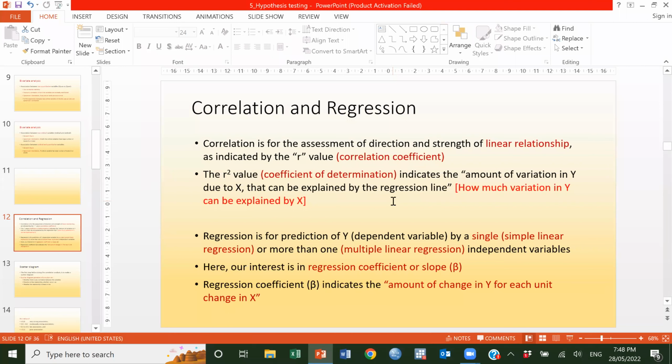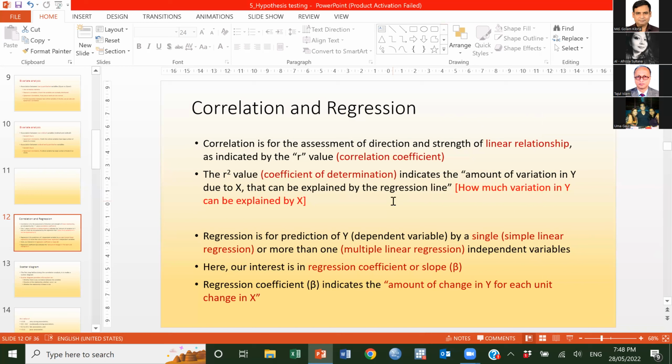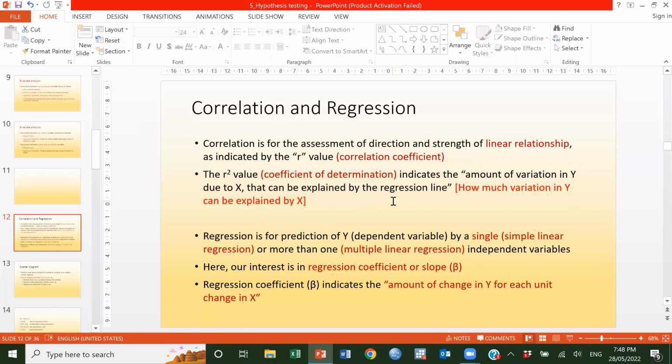In correlation, we actually calculate the R value.